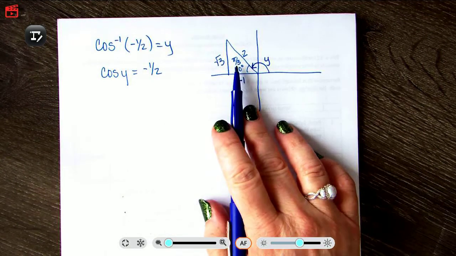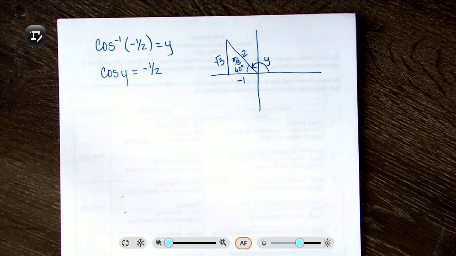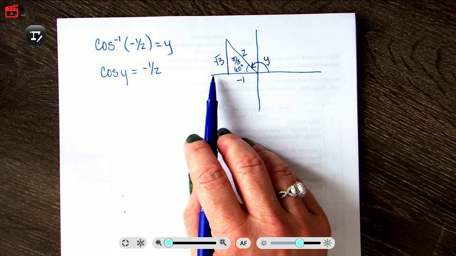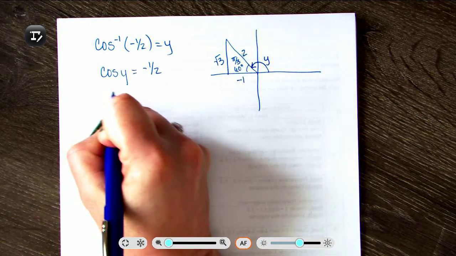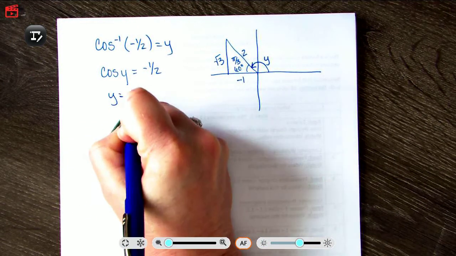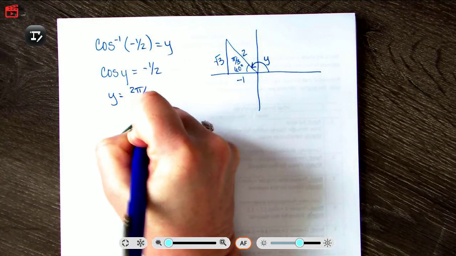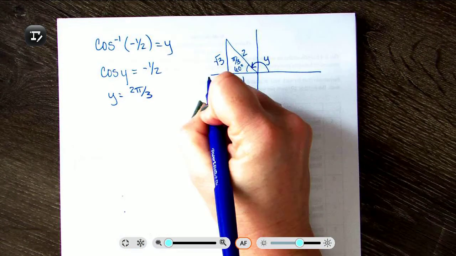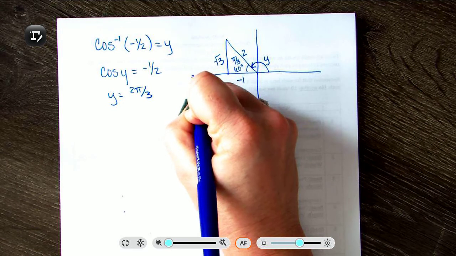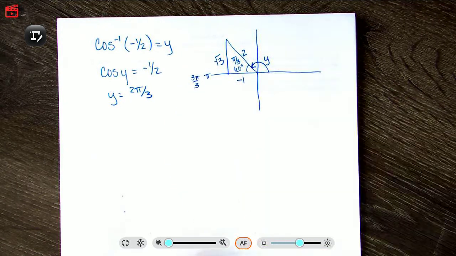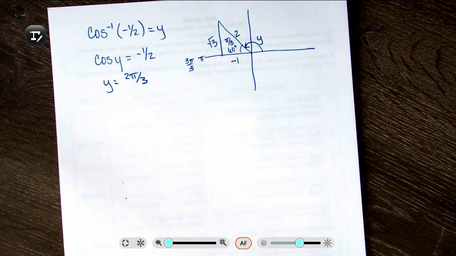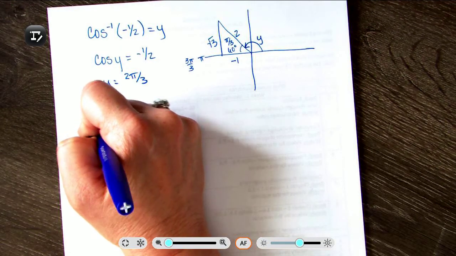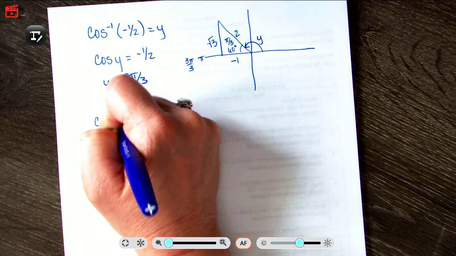This is just our reference angle. So the angle to get us there is almost all the way to pi. So we're pi over 3 short of pi, or our y is going to be 2 pi over 3. I like to think of pi as, in this case, 3 pi over 3. Getting that common denominator, 1 short, would make it 2 pi over 3. Let's do the inverse cosine of 0.